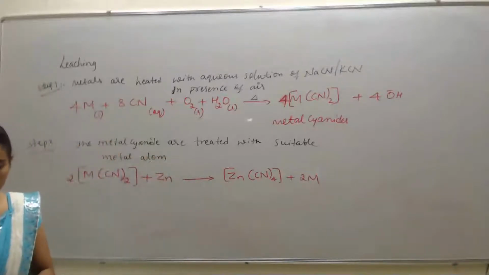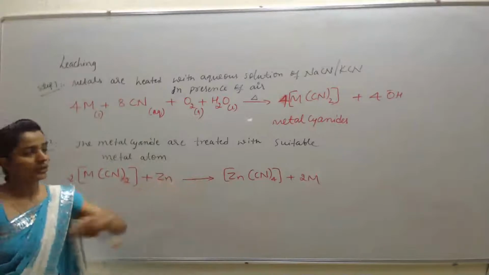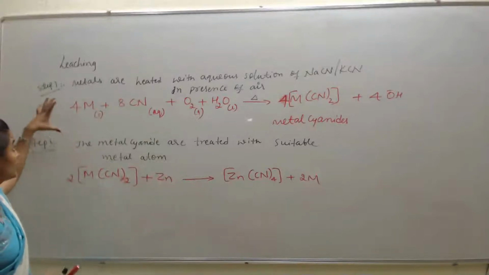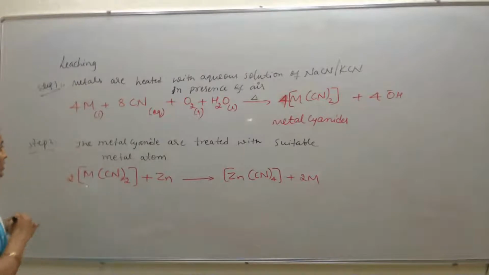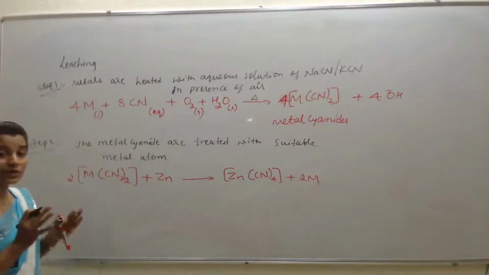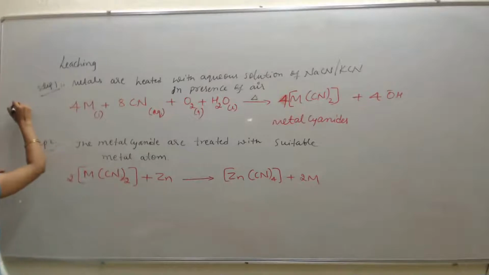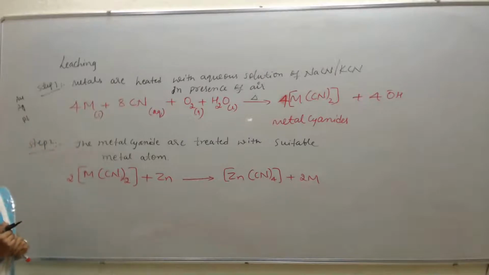Then you will get this. Listen, this type of method is used to extract the metals that are called precious metals. The precious metals are gold, silver, platinum.